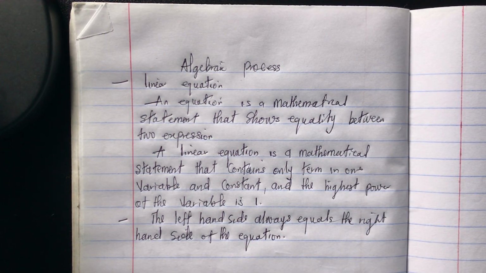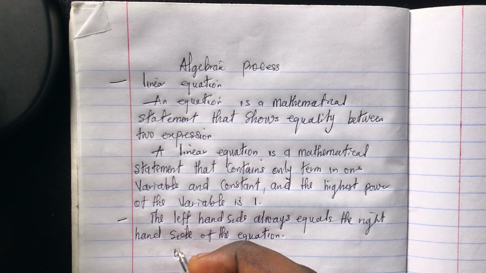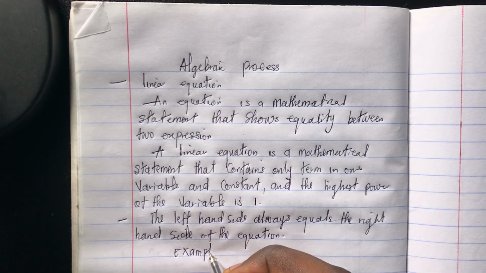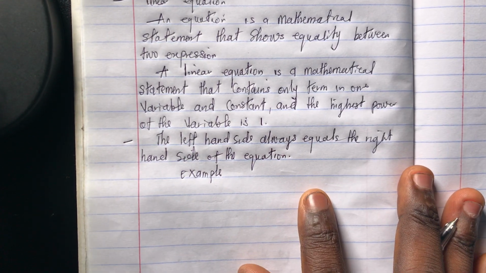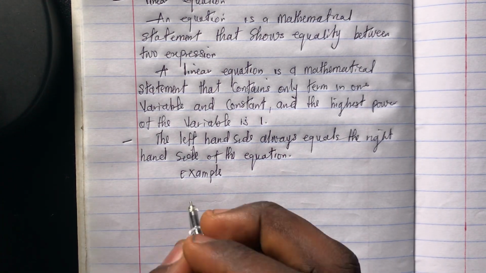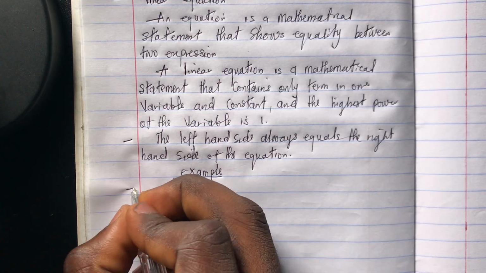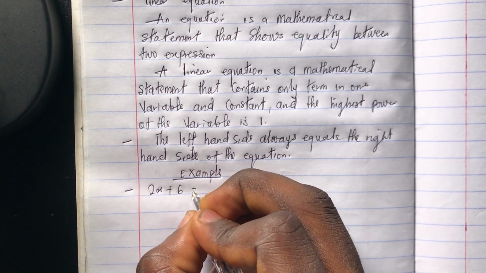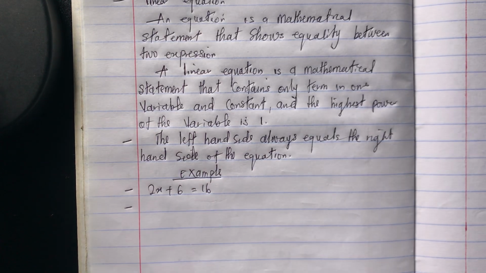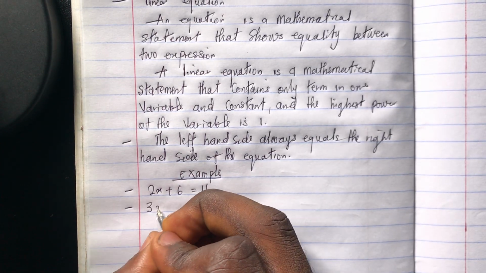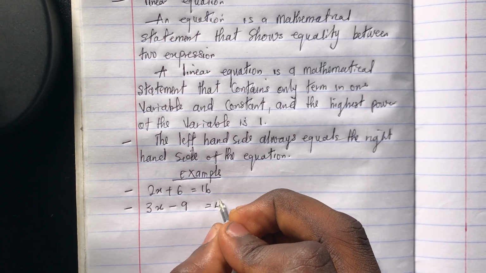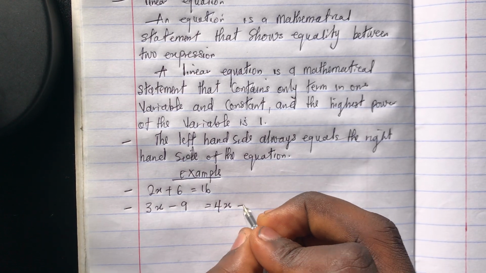Let's see an example of an equation. So we have something like 2x plus 6 is equal to 16. We have something like, let's say, 3x minus 9 is equal to 4x minus 25.